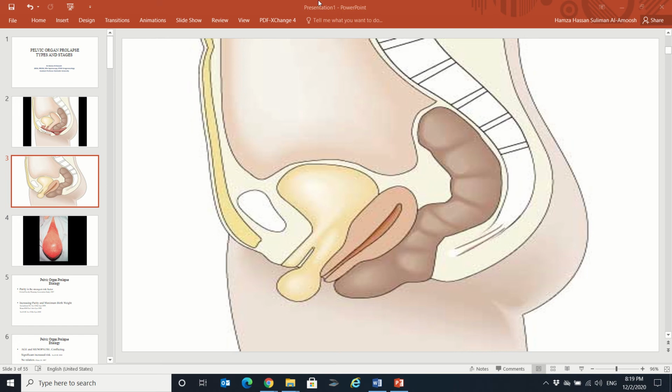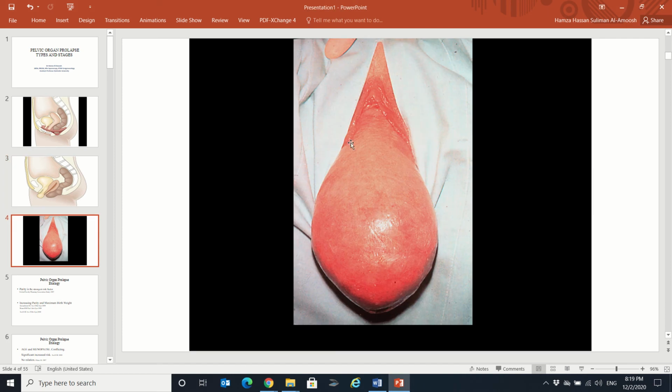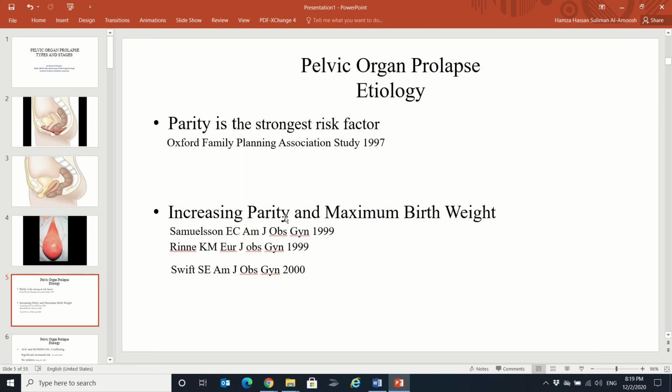Okay, let's go on to the next slide. You can see here everything is outside. This is fourth degree prolapse or procidentia. We'll explain what this means later.